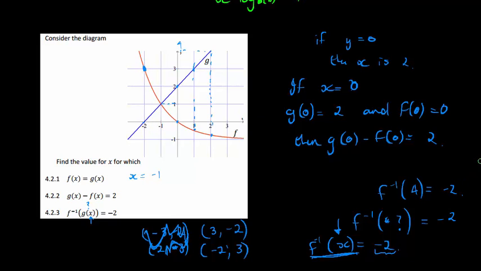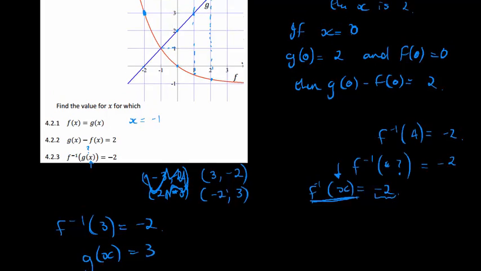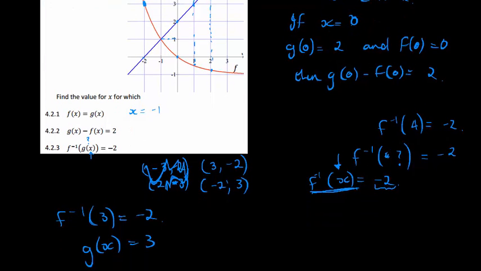Do you see? When x is negative 2, y is 3. So you are correct in that f of 3 would equal negative 2. So we want g of x to equal 3.